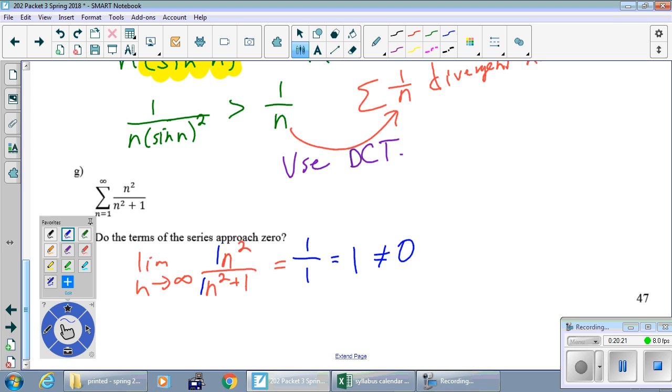And that means that basically the series involves adding infinitely many numbers, many of which are basically equal to 1, really close to 1 anyway. And if you add infinitely many things that are basically equal to 1, for sure you're going to get infinity. And so this series diverges, and that is the nth term test, or divergence test.